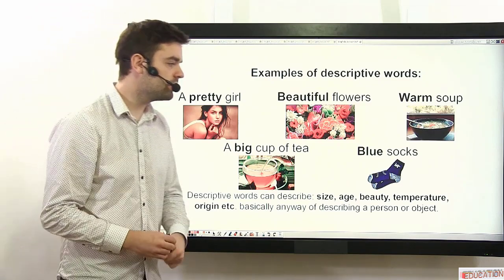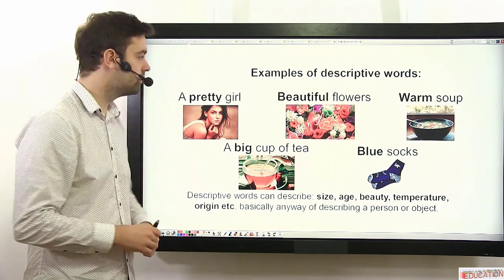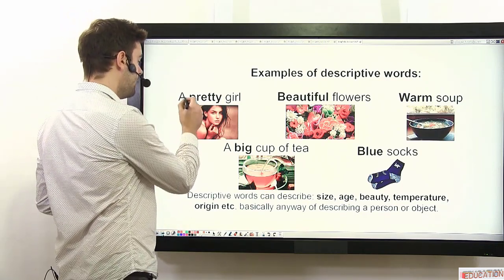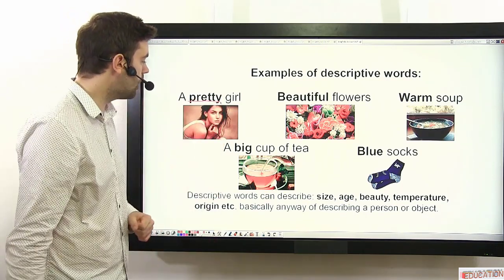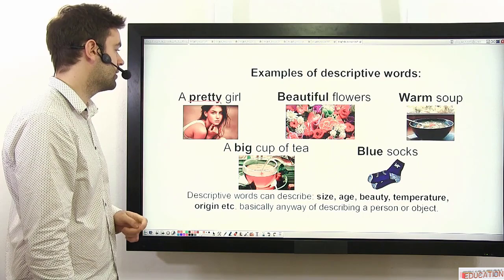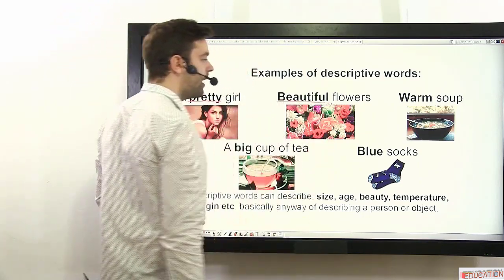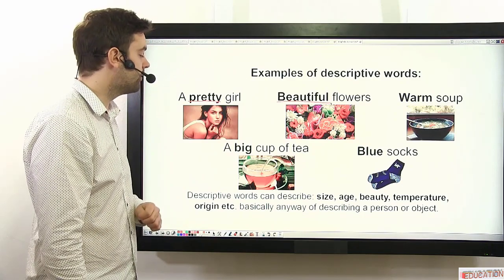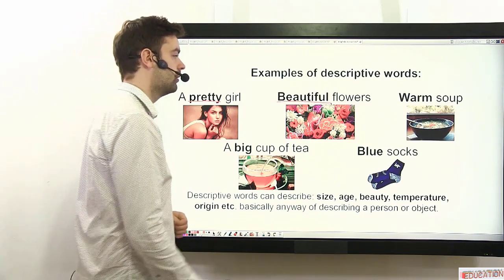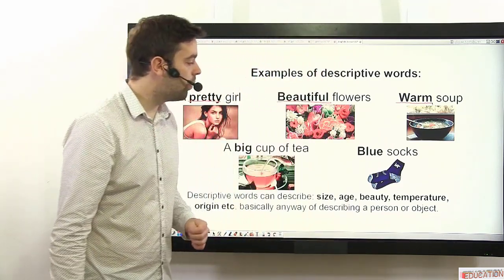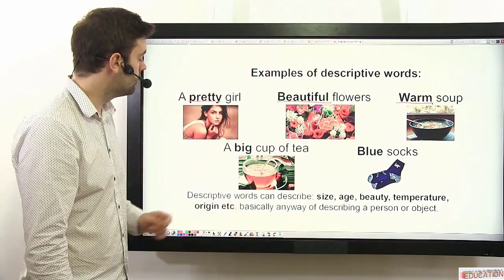We can also use some descriptive words or adjectives, such as here, a pretty girl. Beautiful flowers. Warm soup.